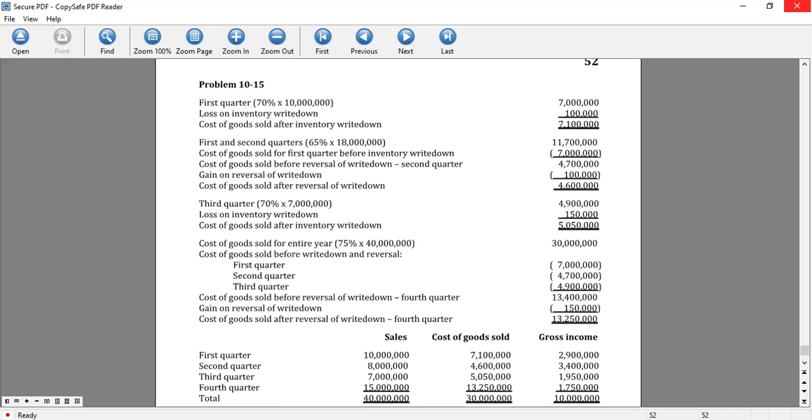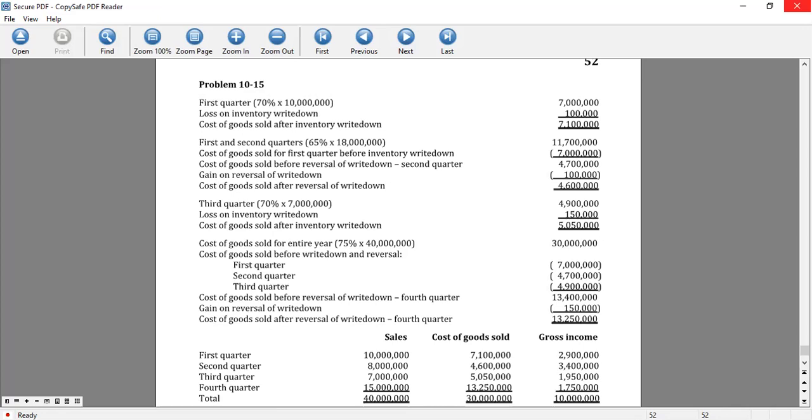There was a temporary decline in inventory value. So the inventory, a decline of 100,000, I suppose, in the first quarter, which was recovered fully in the second quarter. So we have now the requirements.